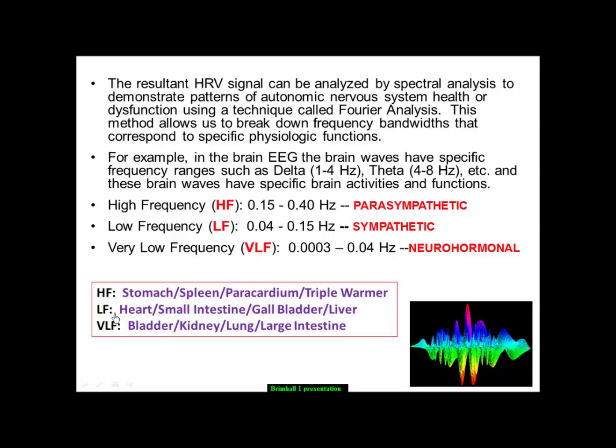We're able to see low frequency ranges with the heart, the small intestine, the gallbladder, the liver, and very low frequencies, the bladder, kidney, lung, and large intestine. As we get deeper into the Heart Quest and are able to show you more of what this can do and reveal to you, we'll go more into depth on this.